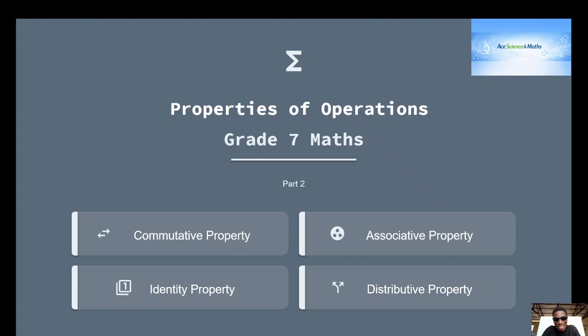And we also established the fact that we need these rules or properties in order to be able to solve questions or expressions that have mixed operations, expressions that have multiple operational signs in them. So the properties or the rules give us the order in which those questions should be answered to prevent confusion and help us arrive at the same answer wherever you are in the globe.